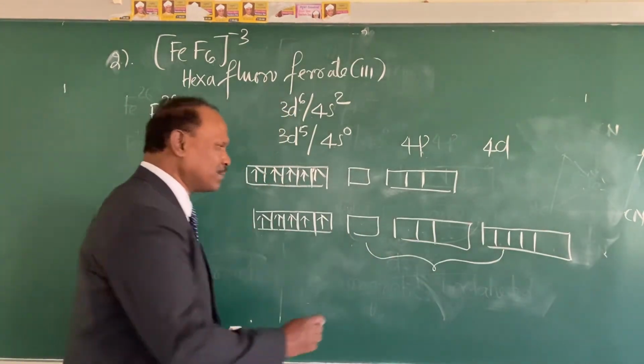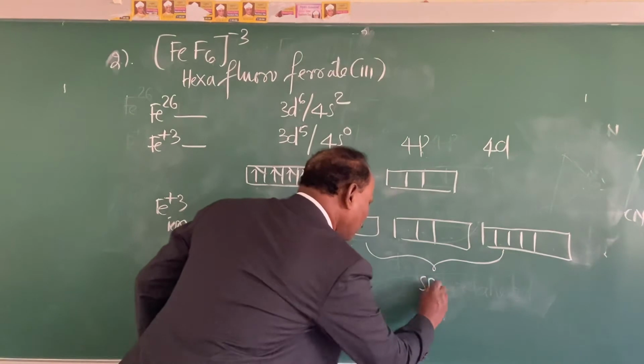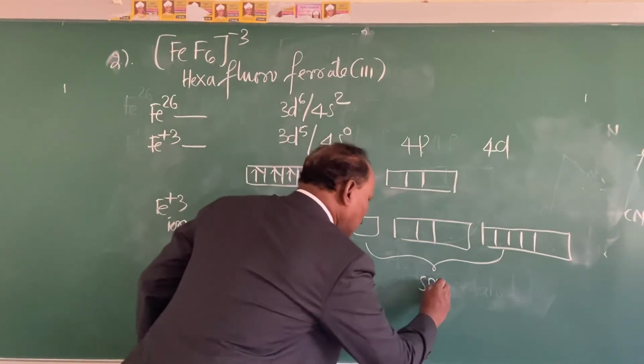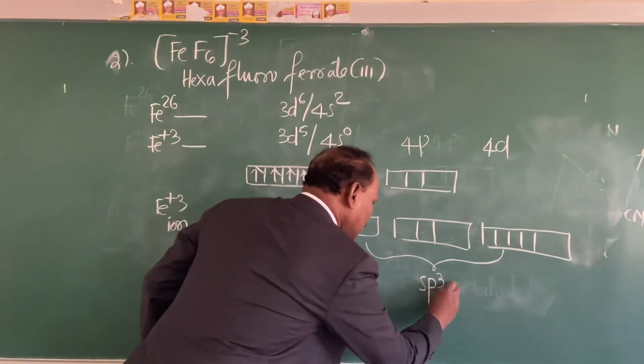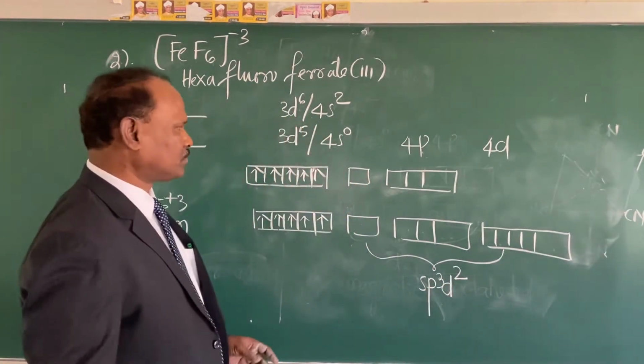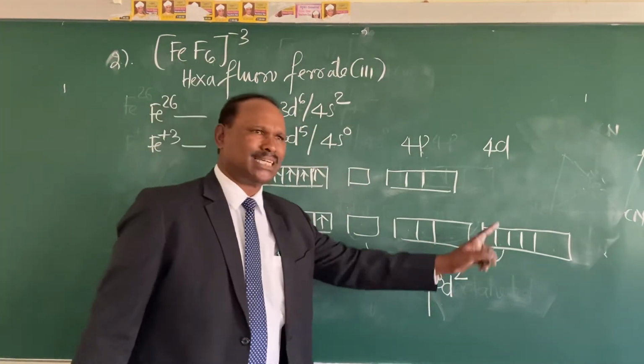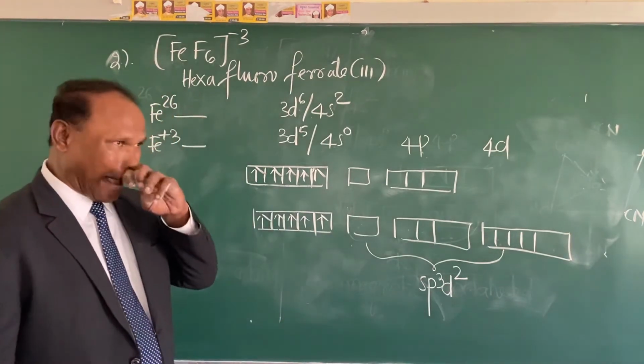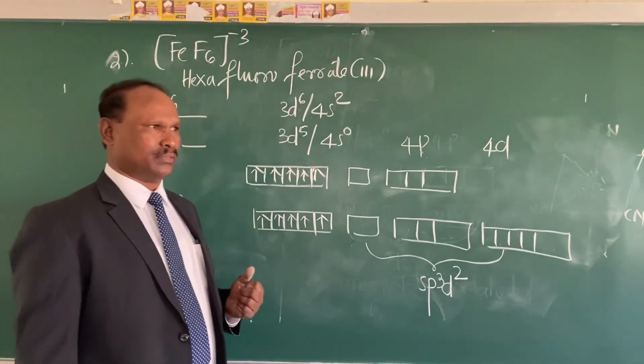Now they undergo hybridization to give 6 sp3d2 hybrid orbitals. 6 sp3d2 hybrid orbitals having same energy.